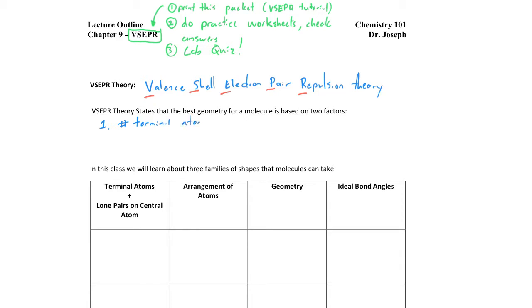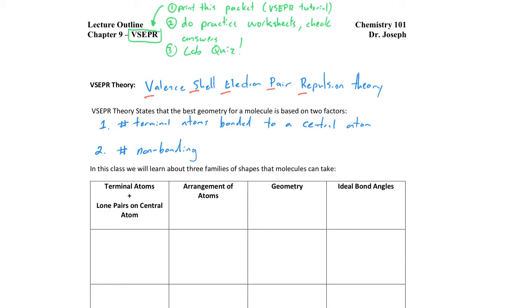When we look at the Lewis structure, one of the factors is the number of terminal atoms bonded to a central atom in the middle. Right, so we're going to look at a Lewis dot structure and see how many terminal atoms there are, and that's part of what we take into account when we try to figure out the three-dimensional shape of a molecule.